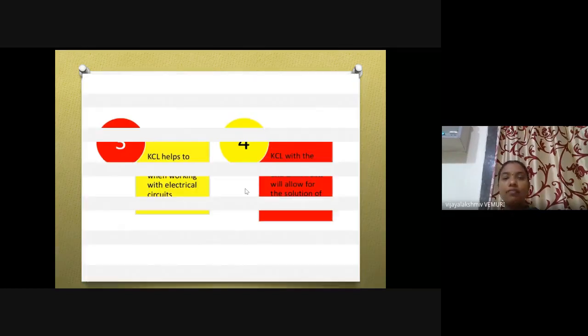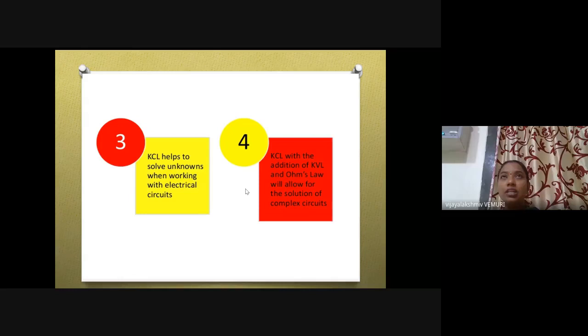That is our KCL. We are going to apply KCL first in our nodal analysis method along with Ohm's law. So nodal analysis is the combination of Ohm's law and KCL, whereas mesh analysis is the combination of KVL and Ohm's law. In mesh, if you come across a current source in between two meshes, then it forms a super mesh, and super mesh analysis is the application of KVL, KCL along with Ohm's law.